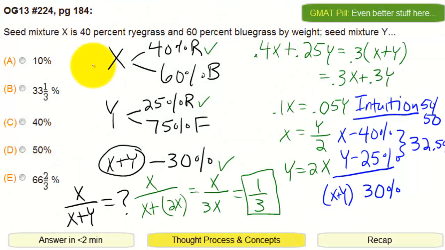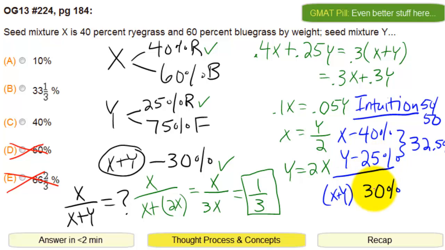So how does this influence the answer choices? How much weight does X have? It's got to be less than 50%, so D is no good because that's 50%, and E is no good. Also A, 10%. If it's 10%, you would have to get really close to 25%, because if X had so little influence and 90% came from Y, then the mixture should be closer to 26 or 27%.